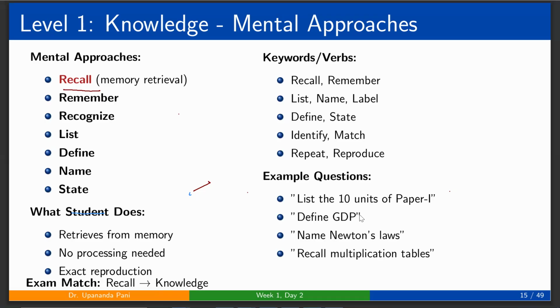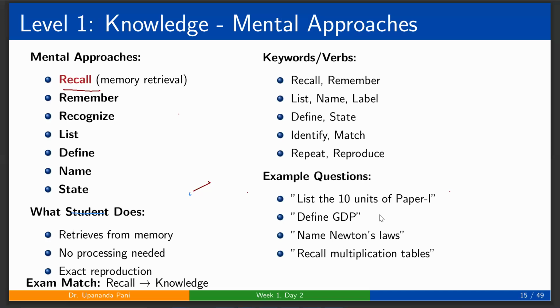For example, there are questions like list the 10 units of paper 1. This is simple level 1 knowledge, or level 1 learning. Define GDP, name Newton's law, recall multiplication tables. This is not very higher order learning, so it is basically level 1.